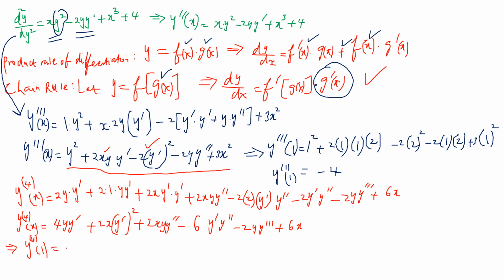Okay, let's do this quickly. What is y at 1? It is 1. Y primed at 1 is 2, plus 2, x is 1. Y primed at 1 is 2, the initial value, but you square it. Y at 1 is 1.